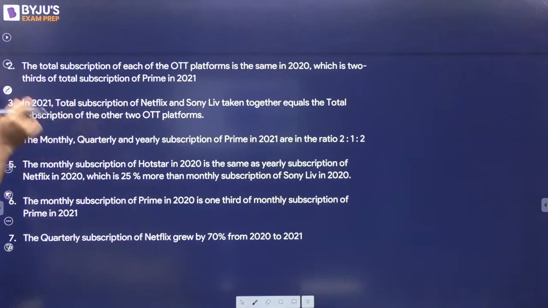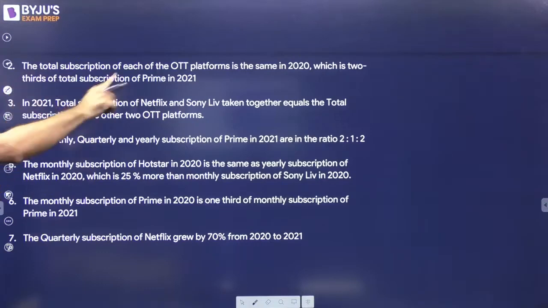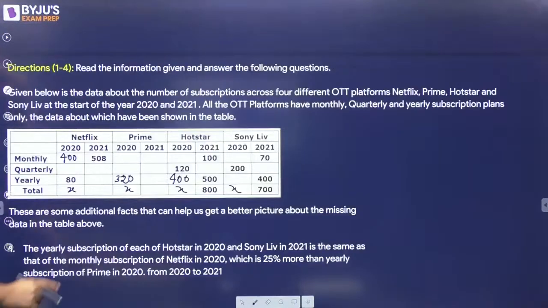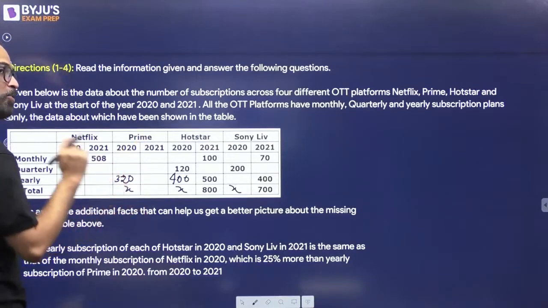Which is that X is 2/3 of the total subscription of Prime in 2021. So 2/3 of total subscription of Prime in 2021.